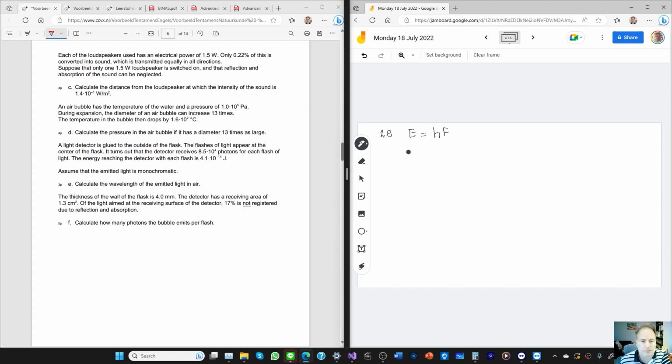So 8.5 times 10 to the power 4 times h times the frequency is equal to 4.1 times 10 to the power minus 14 joule.